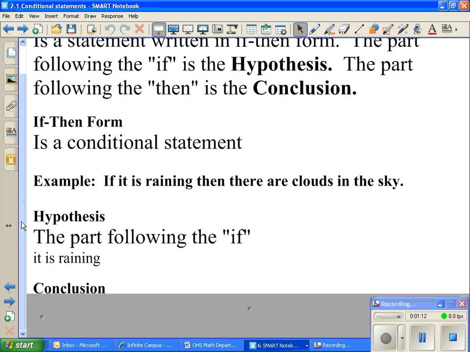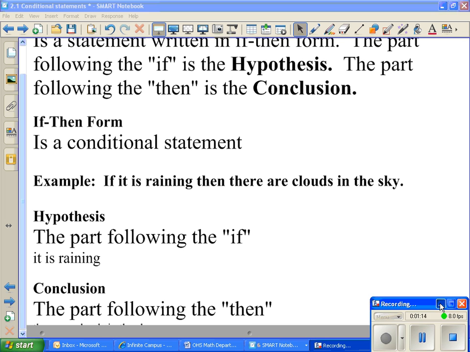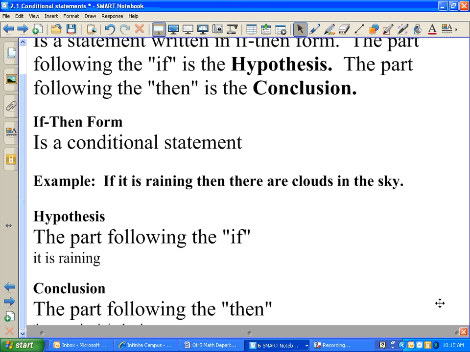All right, and there are several different types. Here's another one. If it is raining, then there are clouds in the sky. There are clouds in the sky is my conclusion, and if it is raining is my hypothesis, not the if and not the then.